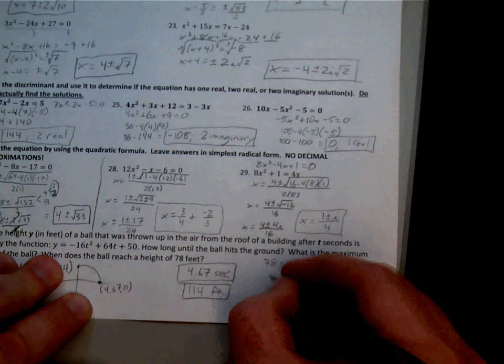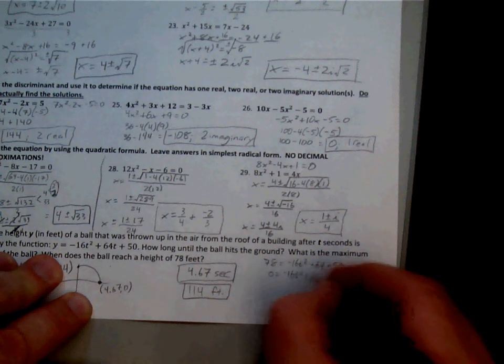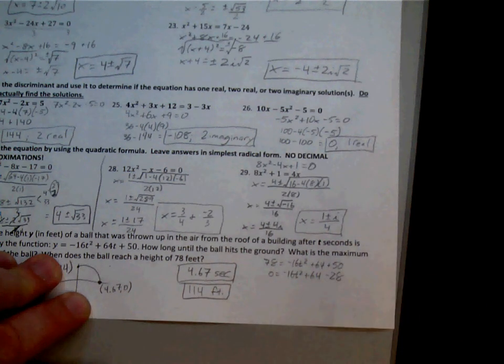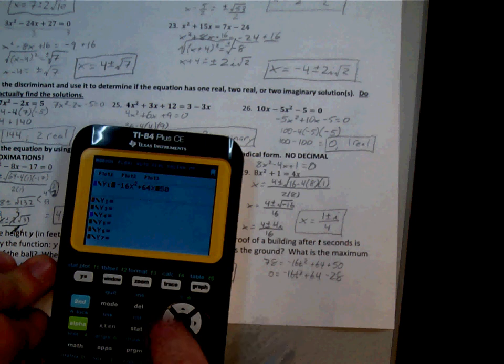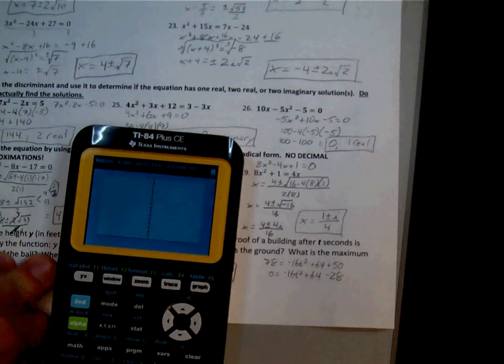I want to subtract it over so it's set equal to 0. I'm going to go ahead and put that equation in here. So I'm just going to subtract 78 from the 50, so it should say minus 28. Graph that. So it's the new zeros here.